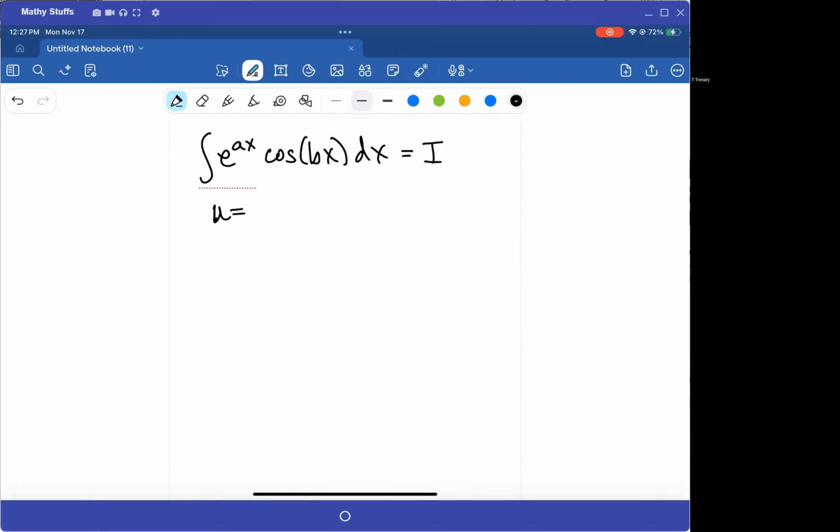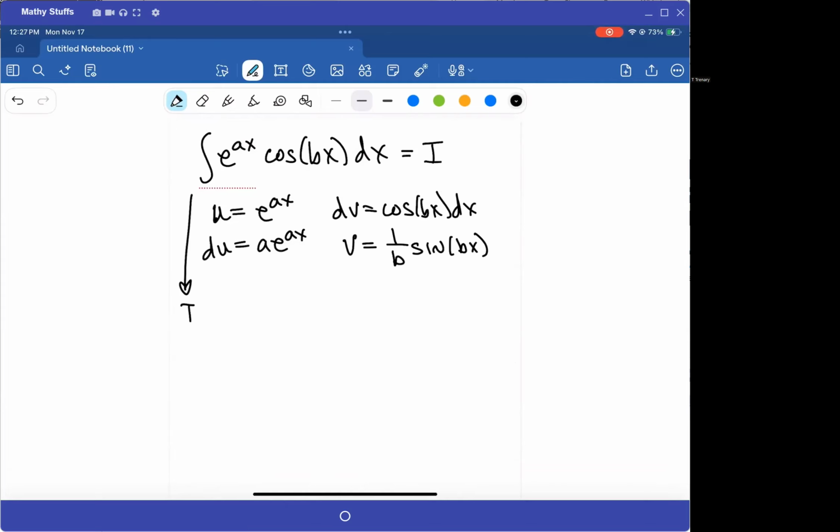And then I'm going to choose my parts. So I'm going to let u equal e to the ax, and I'm going to let dv be cosine of bx dx. And I take my du and I integrate over here to find my v, and that's going to give me a 1 over b sine of bx. And then we use parts.